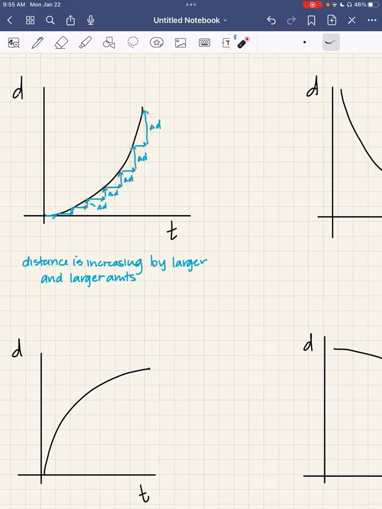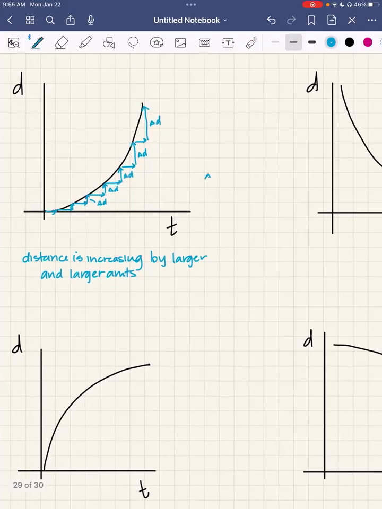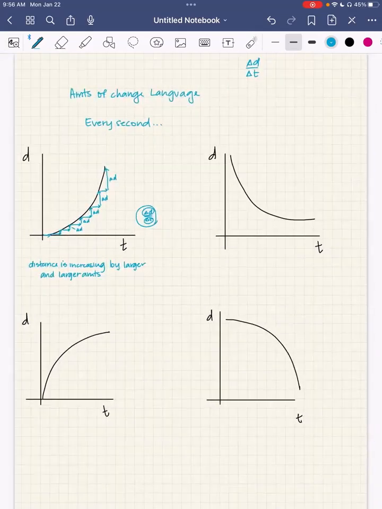So every second, we're traveling a larger and larger amount of distance. And if you think about it, if we put that back into our rate, if this is staying the same, but this is getting bigger, then this whole thing is getting bigger, which is why if we were talking about it with rates of change, we'd be saying that that rate is increasing. And we'll come back to that in a minute, but just throwing that out there. All right, let's keep going.